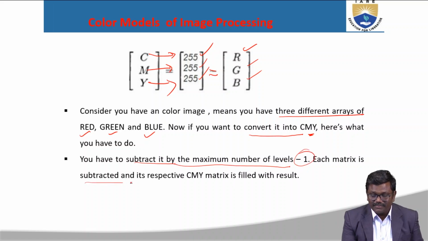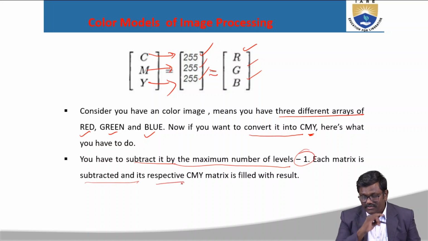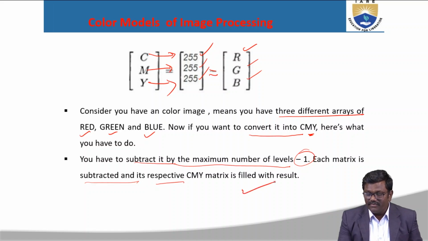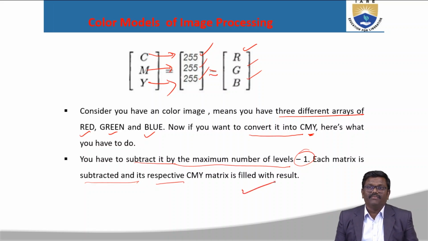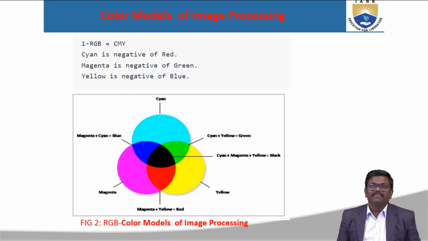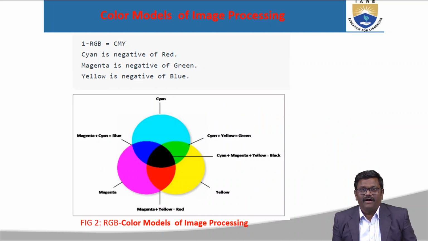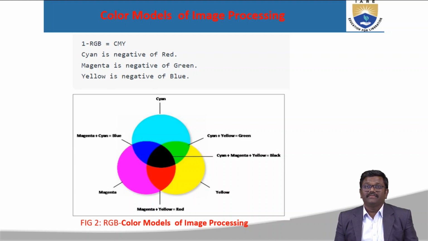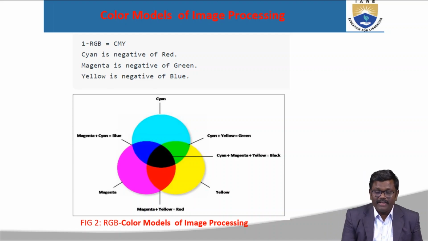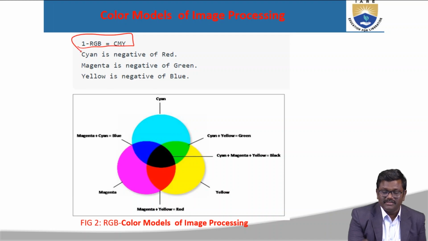Each matrix is subtracted and its respective CMY matrix is filled with the resultant matrix. Programming-wise, we can simply write it as 1 minus RGB gives CMY.